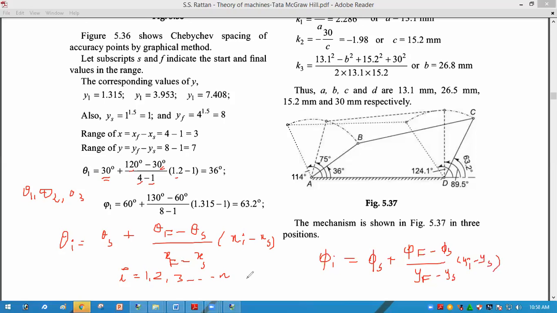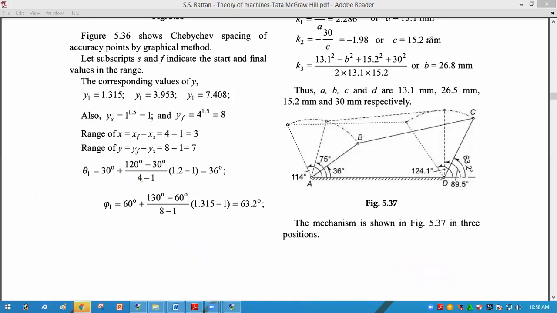So substitute the values of phi s, phi f, yf, ys and yi. Here phi varies from 60 degree to 130 degree, phi s equal to 60 degree plus (phi f equal to 130 degree minus 60 degree) divided by (yf minus ys), because y varies from 1 to 8, so 8 minus 1, into the yi value, 1.315 minus 1, equal to 63.2 degree. Okay, like that you have to find out the values of phi 1, phi 2, phi 3.